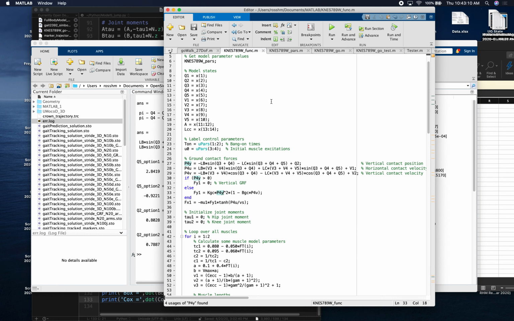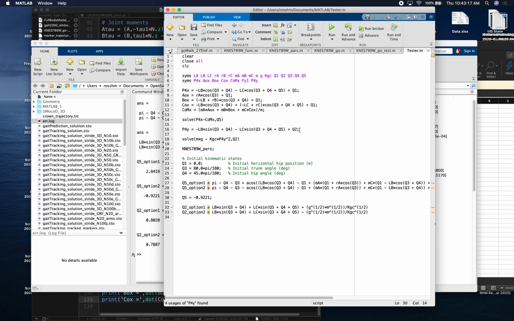Let's take a look at what that actually looks like if you're not completely following what I'm talking about there. Let's actually calculate P4Y here. So the P4Y associated with option 1 would be this one, and the P4Y associated with option 2 would be this one.